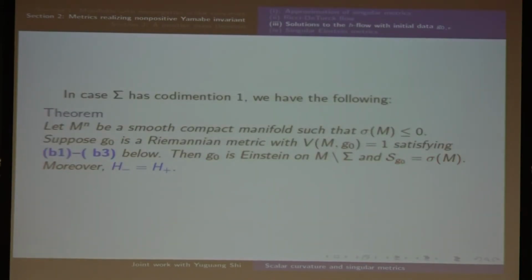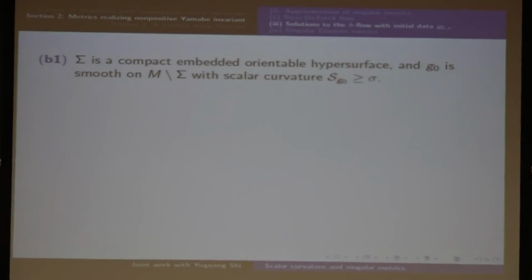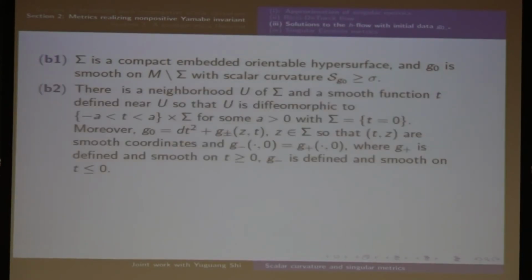So in case sigma has codimension 1, we just follow the method by Mel and then get this part. Suppose the codimension is 1, then G0 is still Einstein outside sigma, and the mean curvatures should coincide. If it satisfies this condition, sigma is an embedded surface, etc., and the mean curvature should satisfy a certain kind of condition.